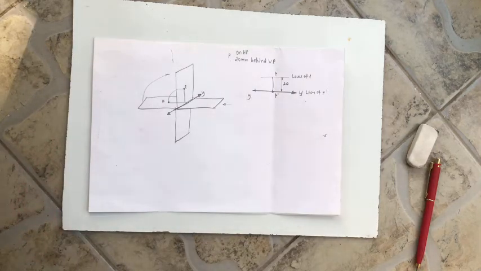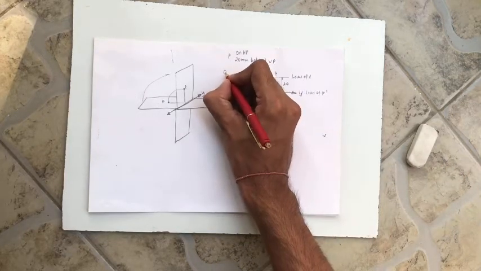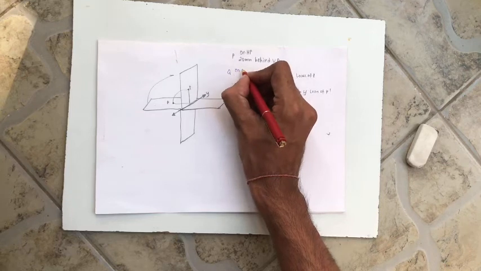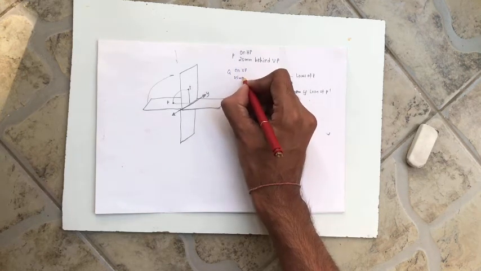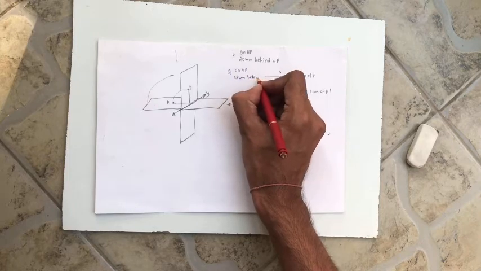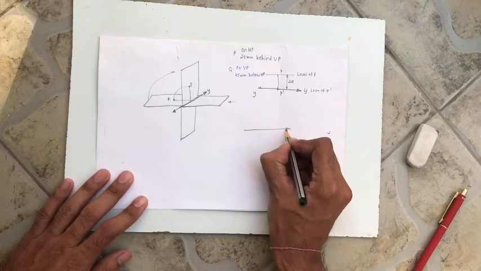Let's consider another example. So one point is given, let's say Q point, that is it is given on VP and 25 mm below HP. So again let me draw in 2D XY line.